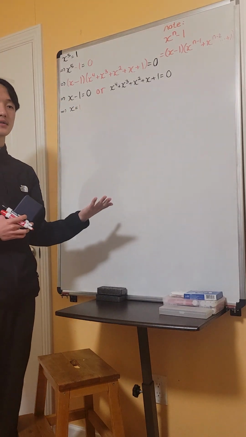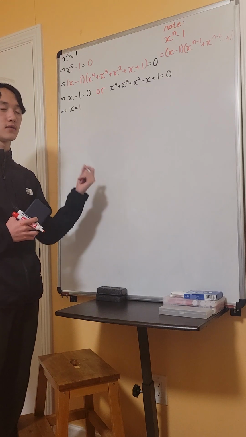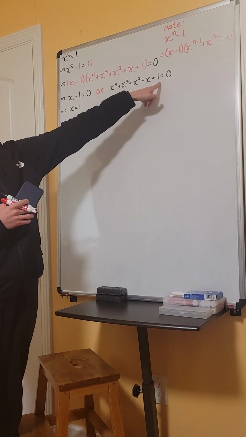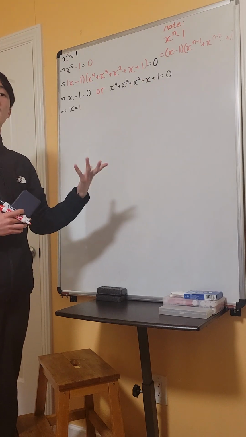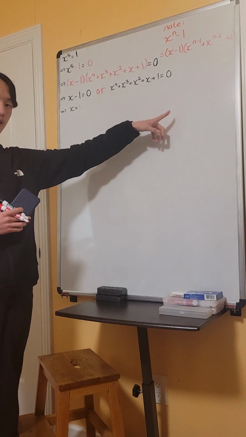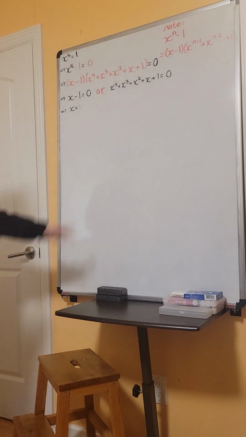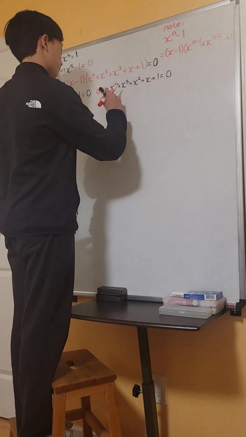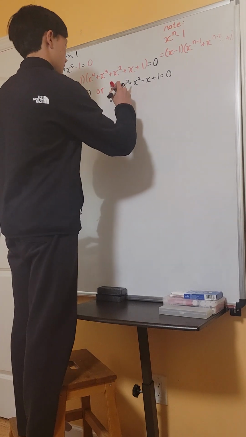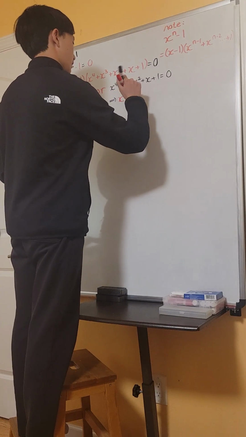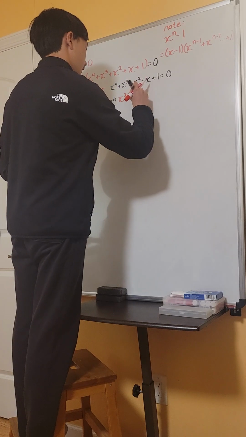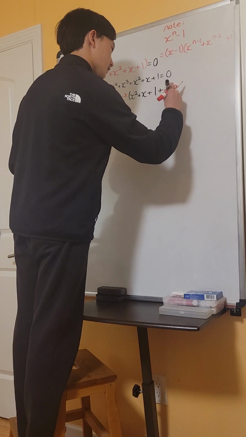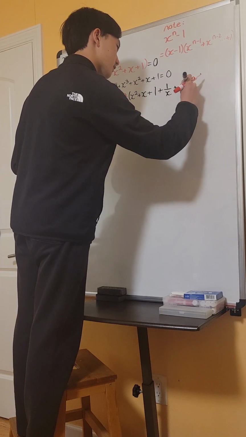We know that x cannot equal 0, and if you plug in 0 and check, it's not true, so we're able to factor that out. Factoring out an x squared from 1 just gives you 1 over x squared. So here we have an x squared, and on the inside you're left with x squared plus x plus 1 plus 1 over x plus 1 over x squared.